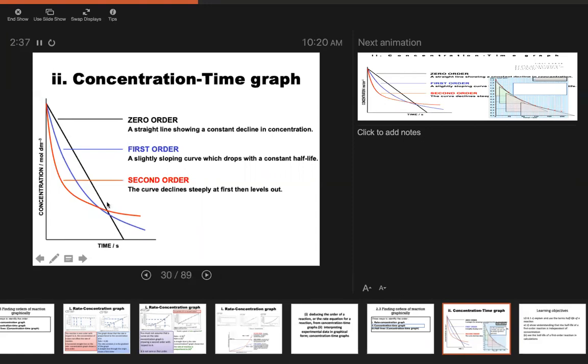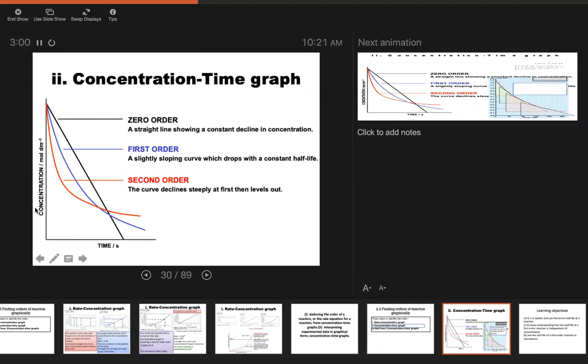So it is not as straightforward as your rate concentration graph. From the rate concentration graph, you can just read it off. What happens to the rate when you double the concentration? But for concentration time graph, you need to find the gradient in order to know the rate.